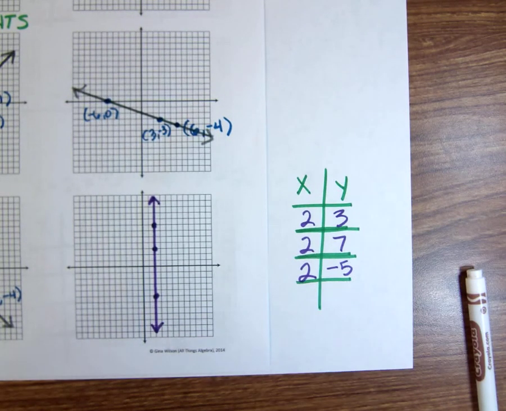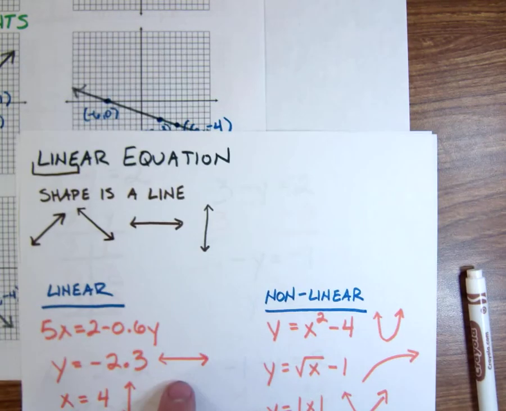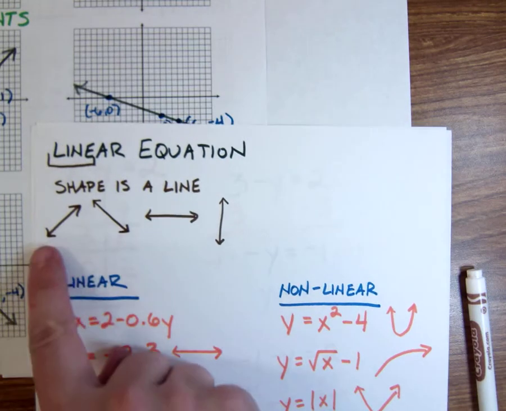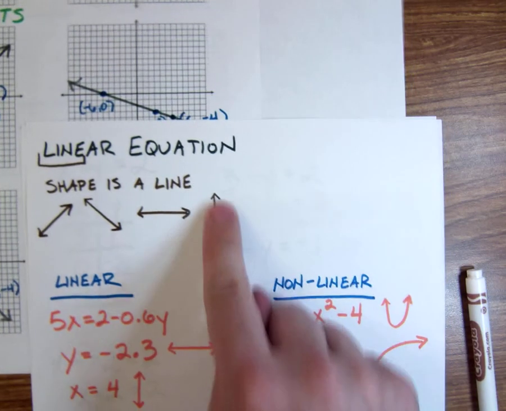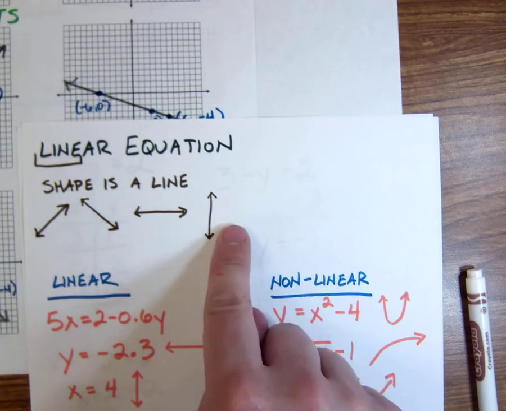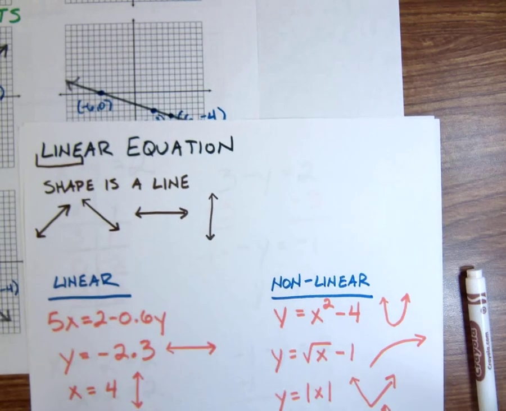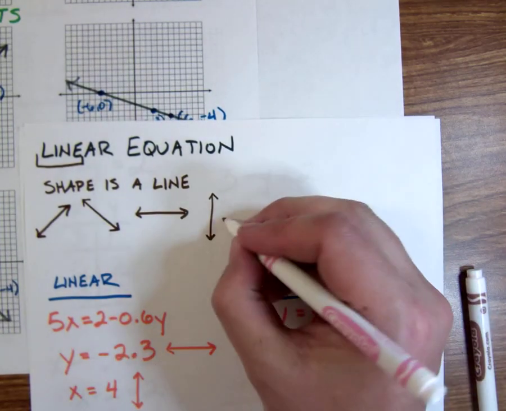What do you suppose it is when it's y equals a number? It's horizontal. And if you go back a few pages in your notes to when we talked about linear equations, I said there's 4 things they can look like. They can go up, they can go down, they can be flat, or they can be straight up and down. This is when it's just x equals and there's no y. This is when it's y equals and there's no x.